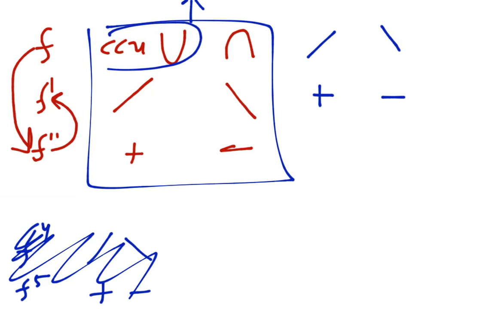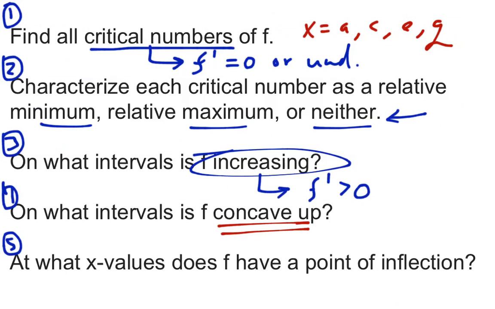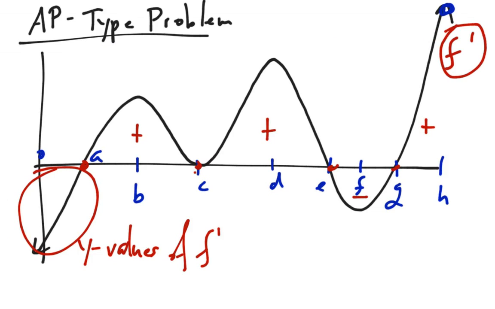We're looking for the intervals where f is concave up, which means that we're looking for where f double prime is positive, which really means we're looking for where f prime is increasing, because that's the information that we have. Okay, I look at my graph, and I notice where f prime is increasing. Well, it seems to be increasing between 0 and b, because the slope of f prime is positive here.